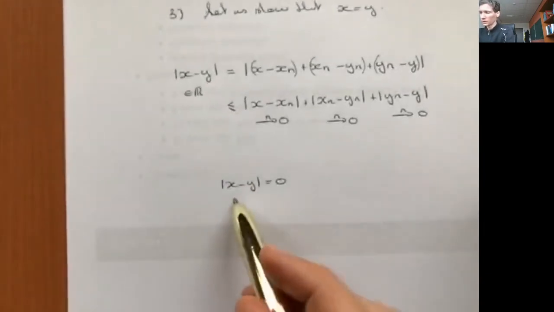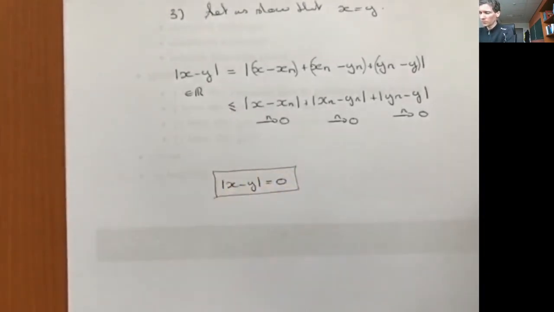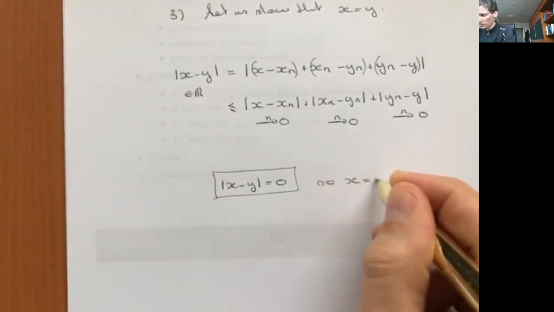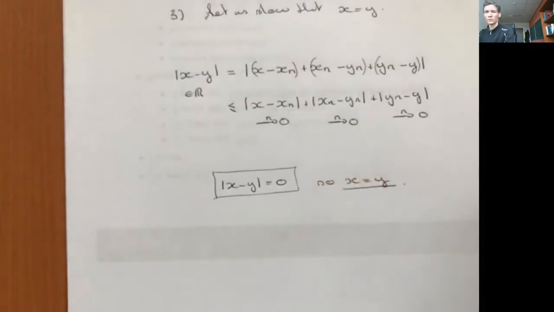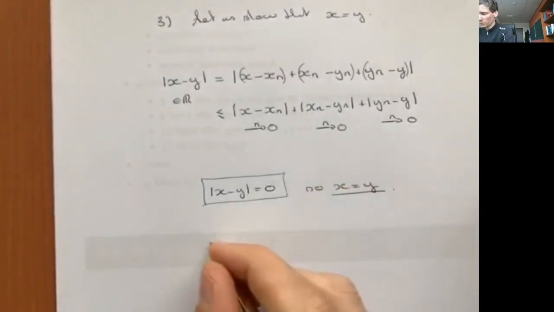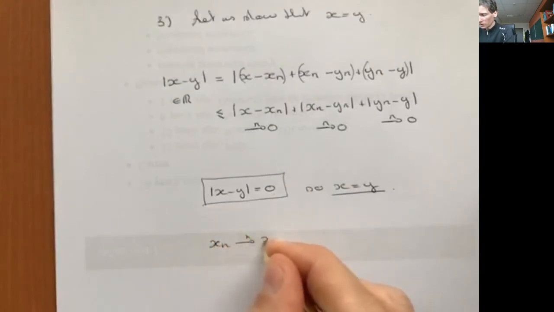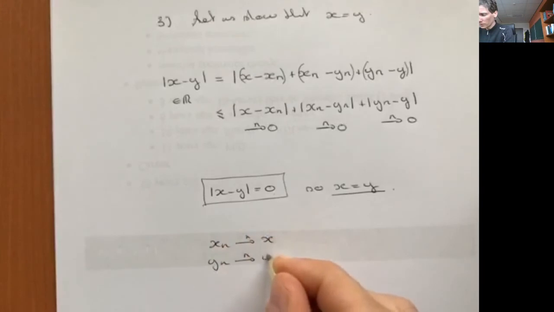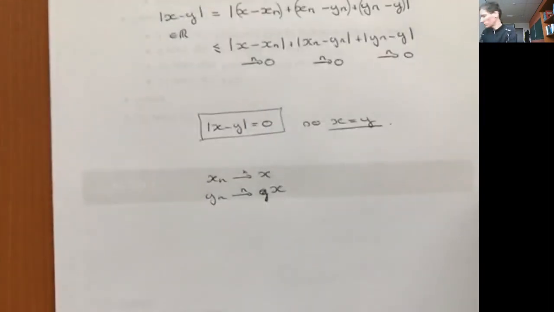So the distance is 0, so x is equal to y, and these two sequences converge to the same number.